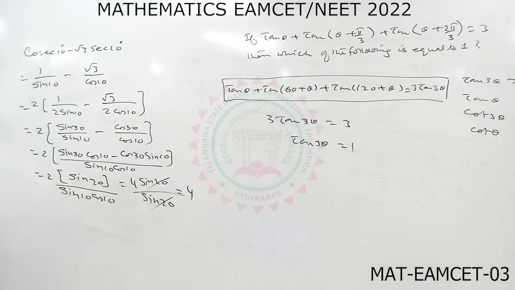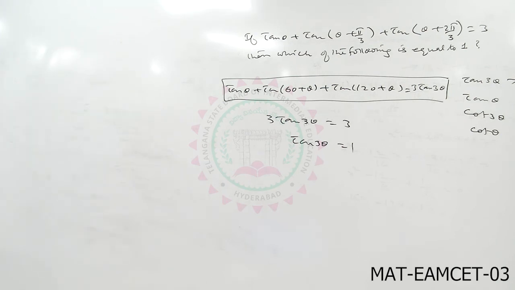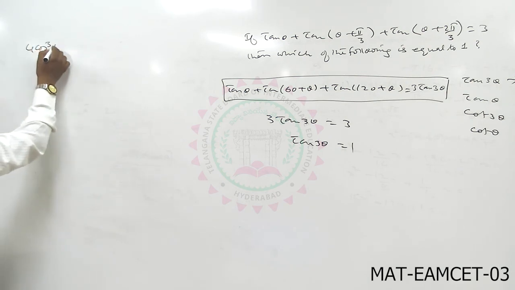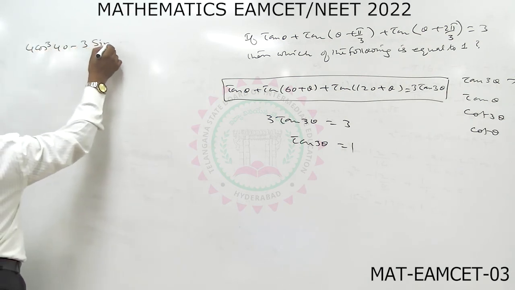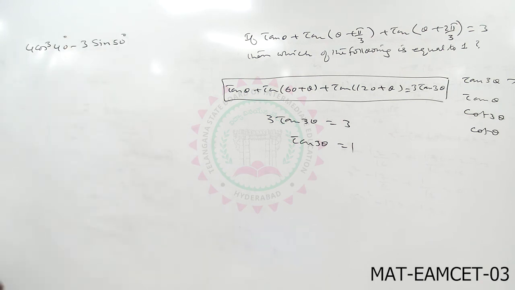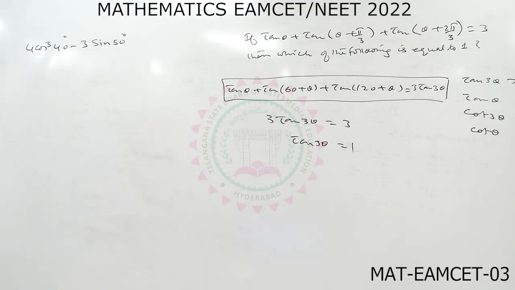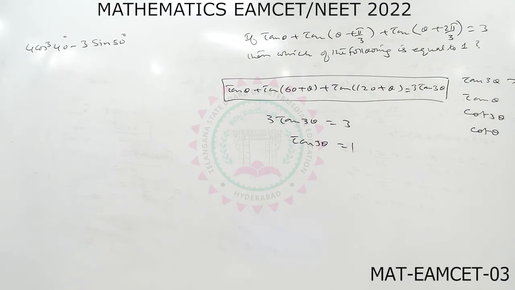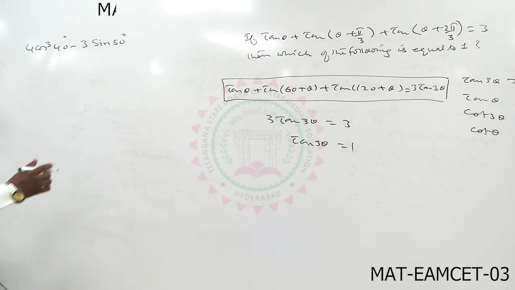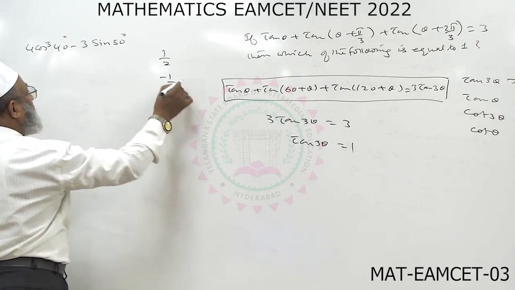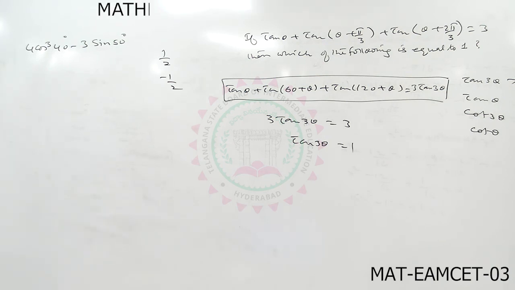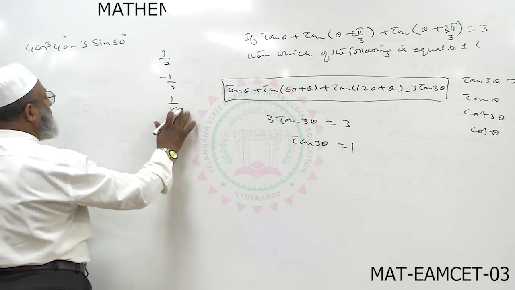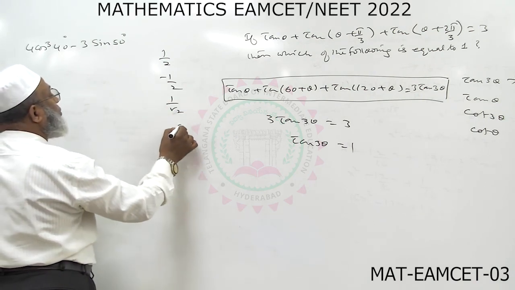Next, 4 cos cube 40 minus 3 sin 50. Options are 1 by 2, minus 1 by 2, 1 by root 2, root 3 by 2.